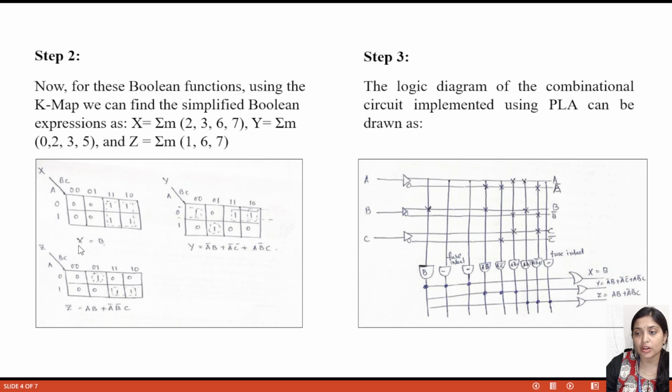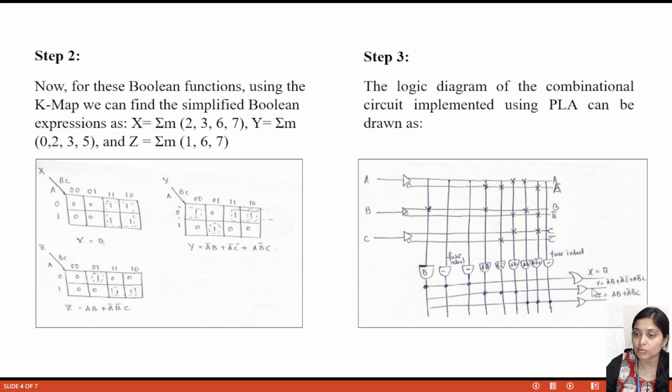First of all, X is equal to B. These are the outputs of the AND gates, and from there each line you have to connect to this type of line. This is actually the OR gate. Now you have to make these dots.